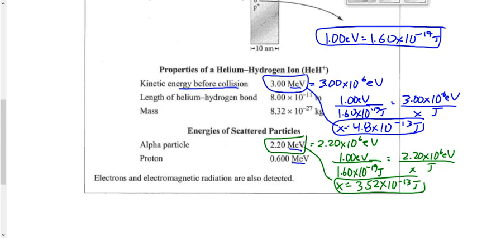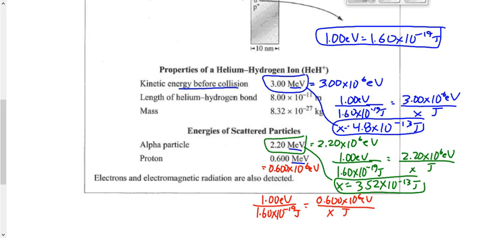And finally, we have 0.600 mega electron volts, which we first want to convert to electron volts. 0.600 times 10 to the 6 eV. Now let's set up our ratio for that one. We say 1.00 eV is 1.60 times 10 to the minus 19 joules, as is on our data sheet. That equals 0.600 times 10 to the 6 eV over x joules.